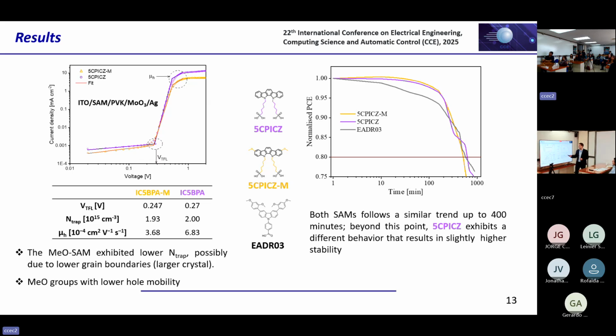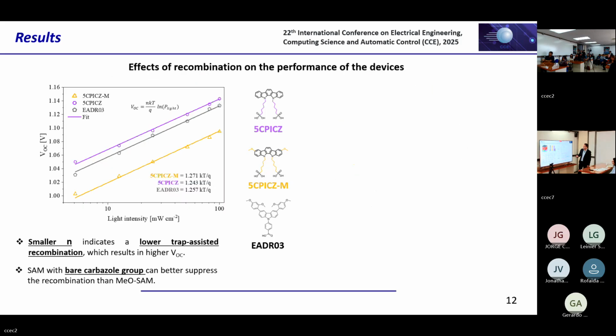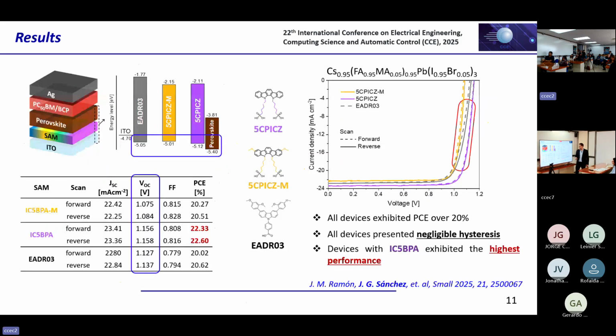That's the conclusion we had at that moment: the SAM without the methoxy can extract a little bit better. Here you see the current is a little bit lower, and then also you have a little bit lower fill factor. If you have less recombination, you should have a little bit higher.